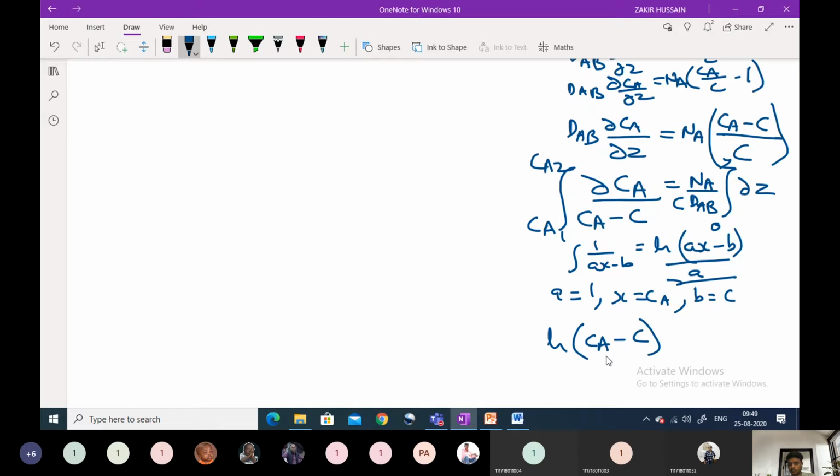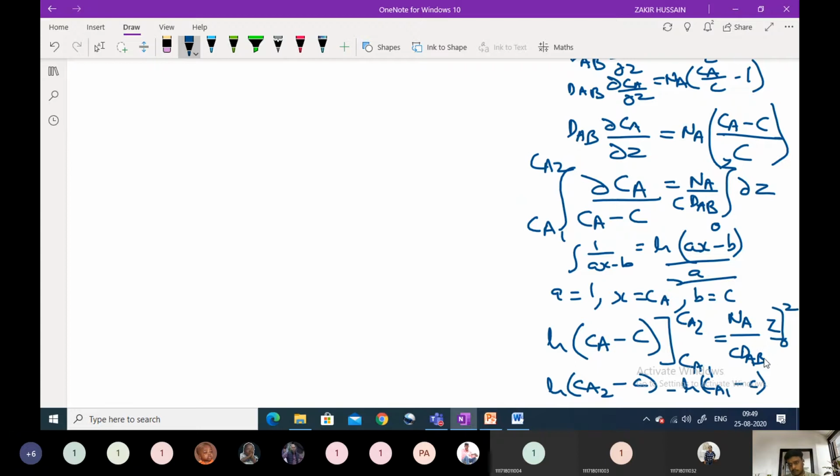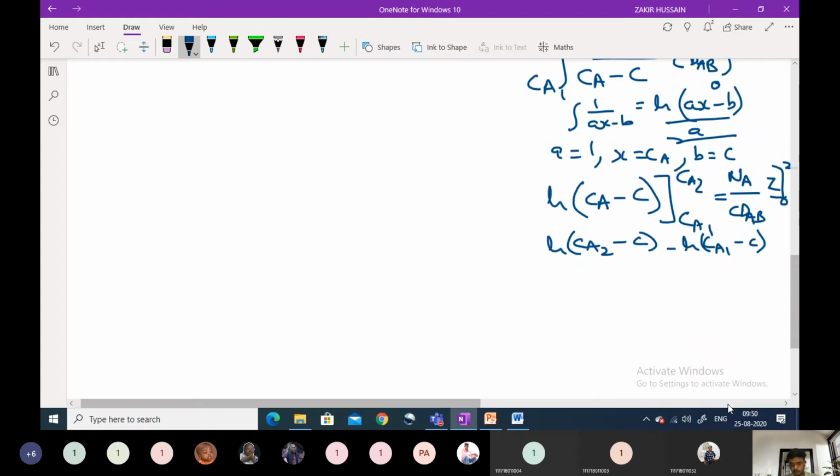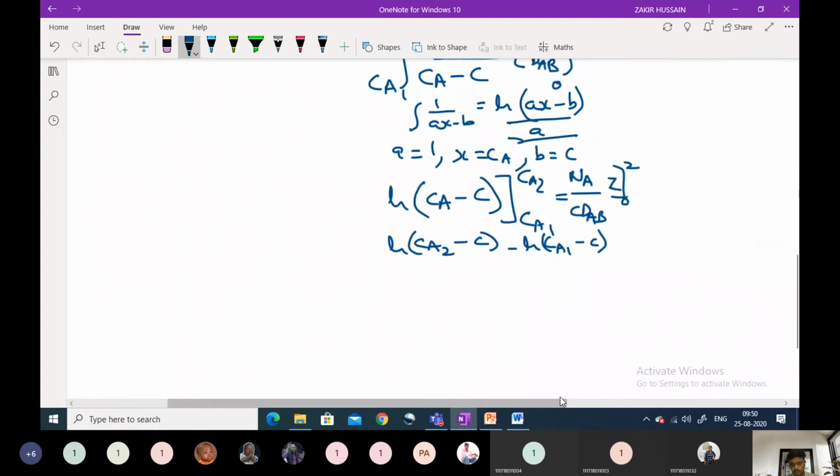So ln of Ca minus C, from Ca1 to Ca2, is equal to Na by C DAB into Z. The limits are 0 to Z, and substituting, we get ln Ca2 minus C minus ln Ca1 minus C.